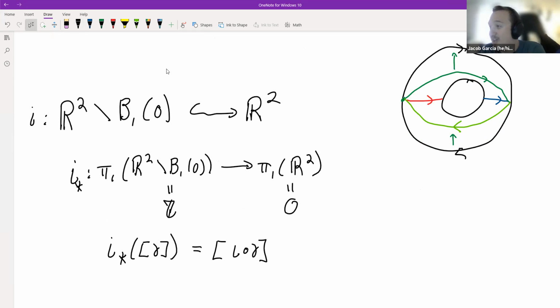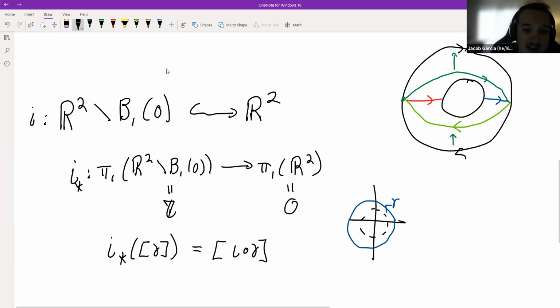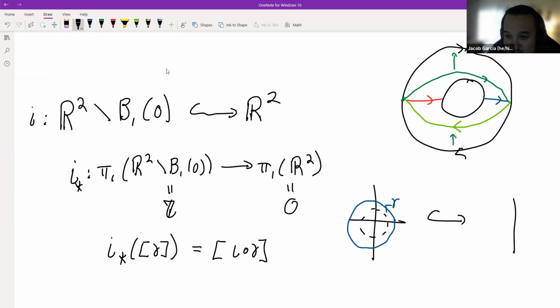So you take your path and you just include it. To draw a nice picture, here's my gamma, and then I can include this into the plane without that open set, and I just get gamma again, which is also I composed with gamma.